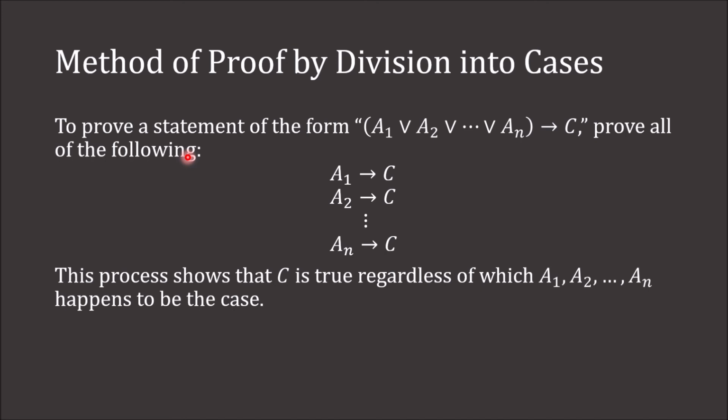So to do division into cases, as we've seen, you start by assuming A1 is true and you show that C is true. Then you go, okay, now assume that A2 is true and show that C is true, and so on and so forth.